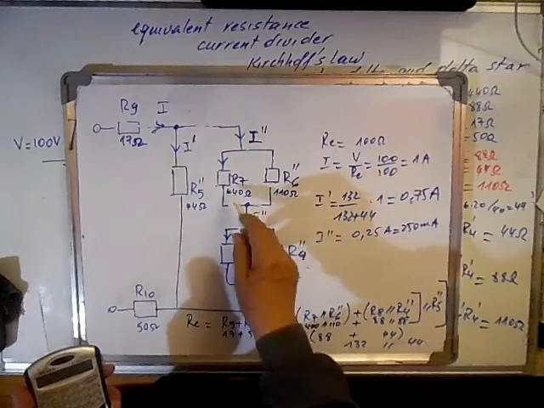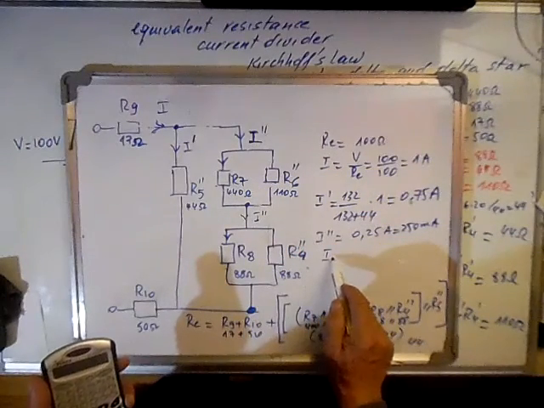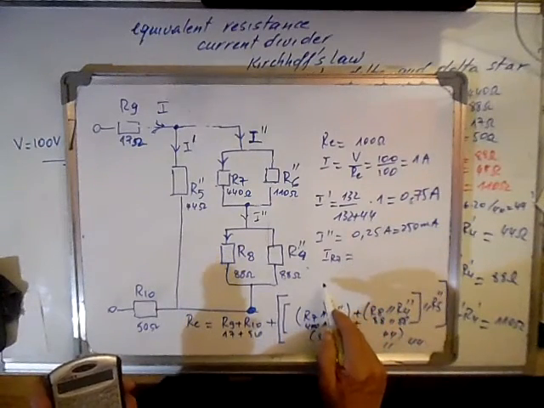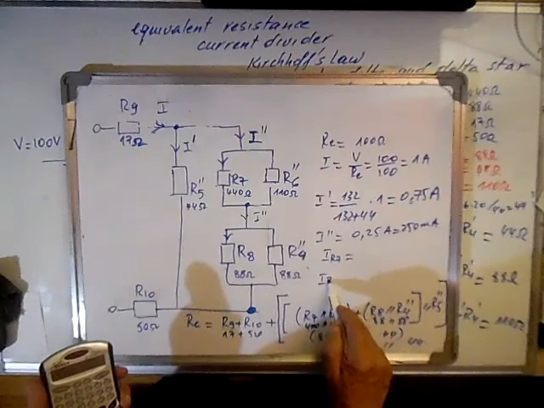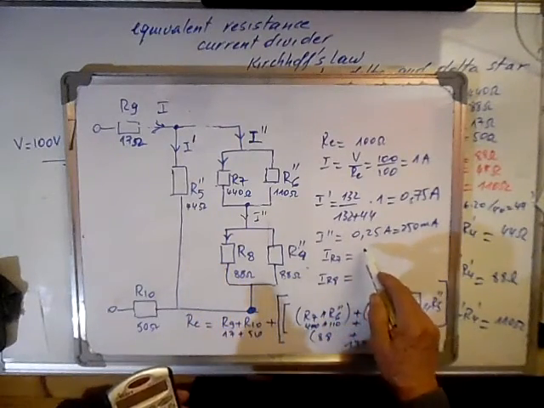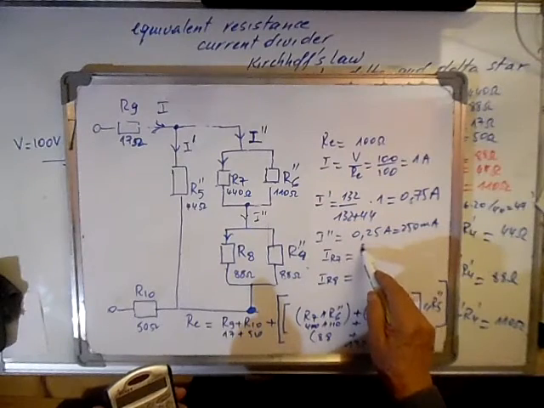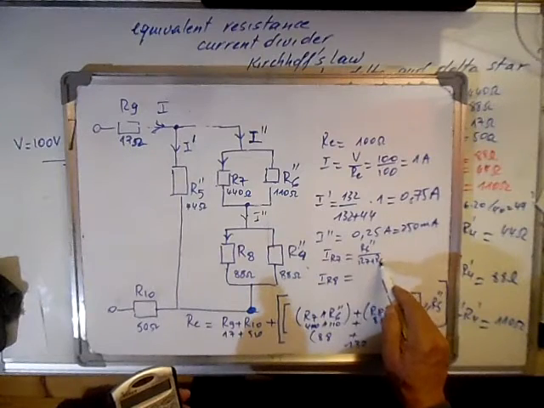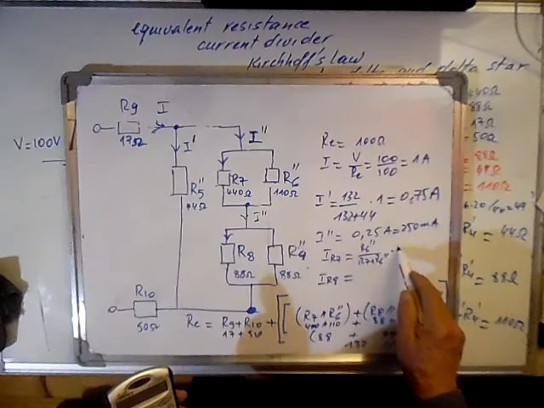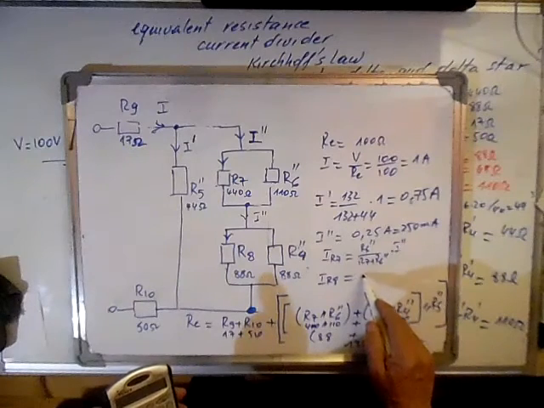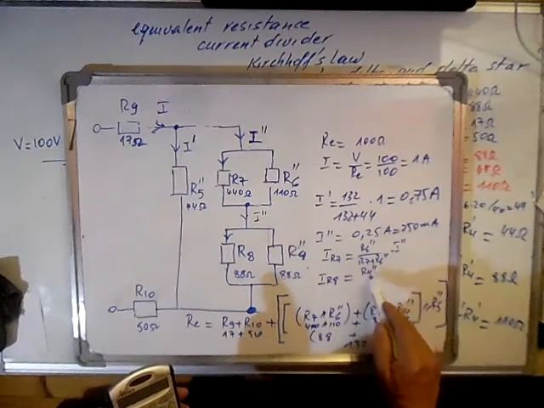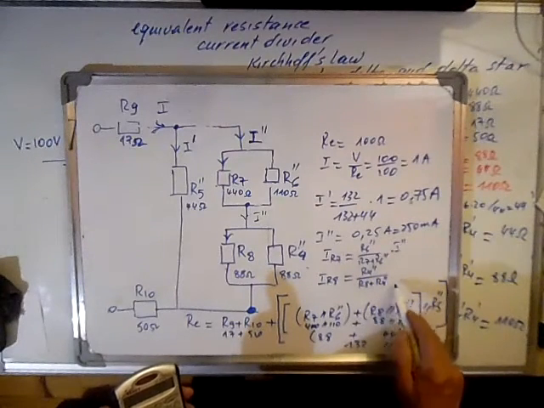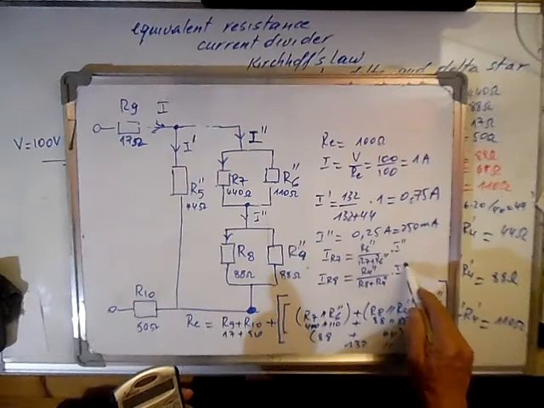From this we can calculate IR7, which we need. The current divider again: this is R6 prime over R7 plus R6 prime times I2 prime, and here it's R4 2 prime over R8 plus R4 2 prime times I2 prime.